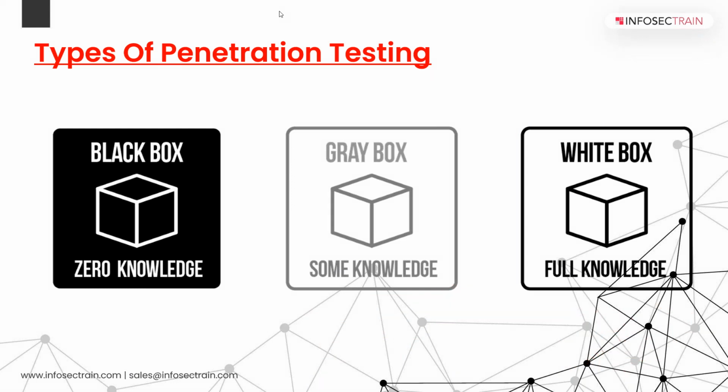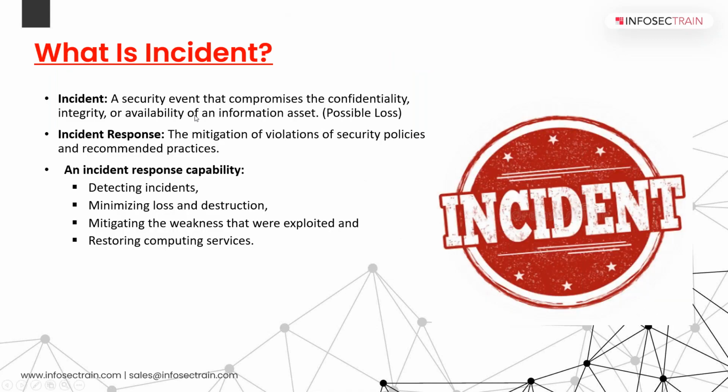So next what we have is your incident. Now, what is an incident? Again, a security event that compromises the confidentiality, integrity, and availability of an informational asset. So what are we doing? We are maintaining the CIA triad: confidentiality, integrity, and availability.